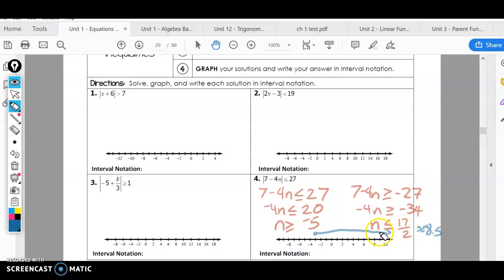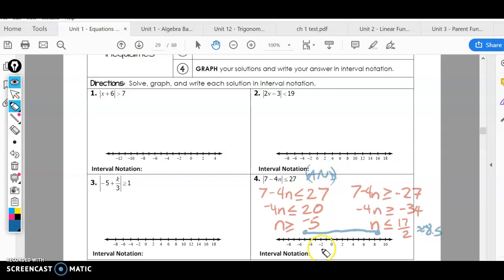So I need a closed circle at 8.5 pointed the other way. Since we're overlapping here, it's going to be a connected bar. So greater than or equal to -5, closed circle, connected to 8.5 right here. That is your less than, or AND, type of absolute value inequality.